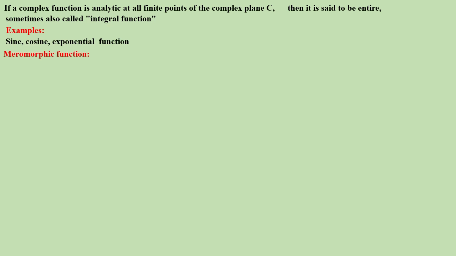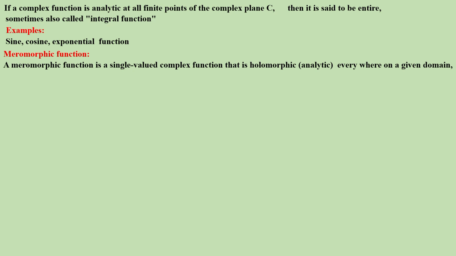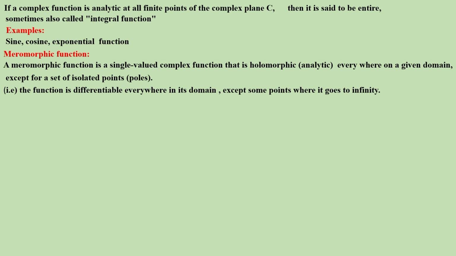Then meromorphic function. A meromorphic function is a single valued complex function that is holomorphic everywhere on the given domain except for a set of isolated points, that is poles. The function is differentiable everywhere in its domain except some points where it goes to infinity. Suppose you have 1/x; if x tends to 0, the function goes to infinity, right?